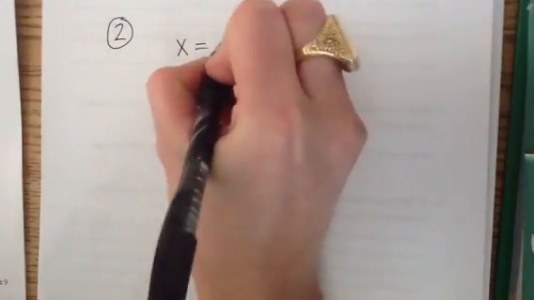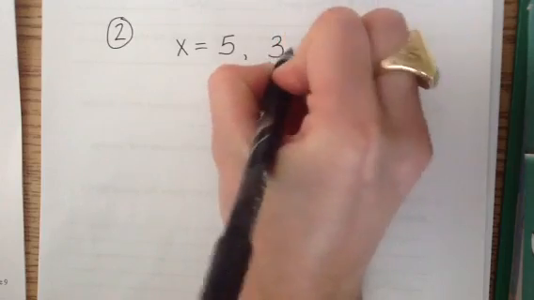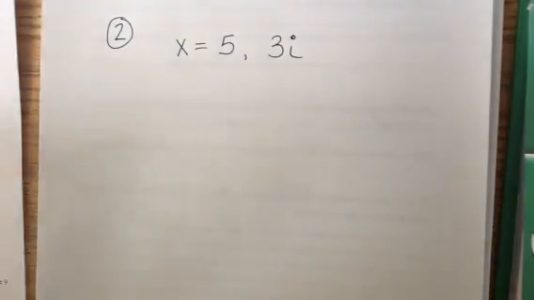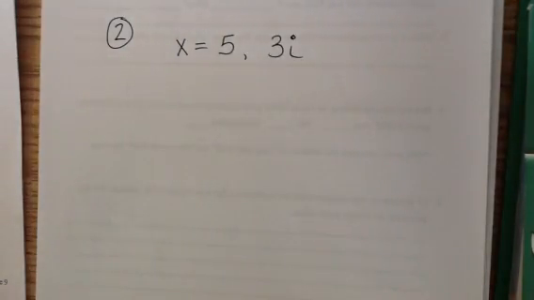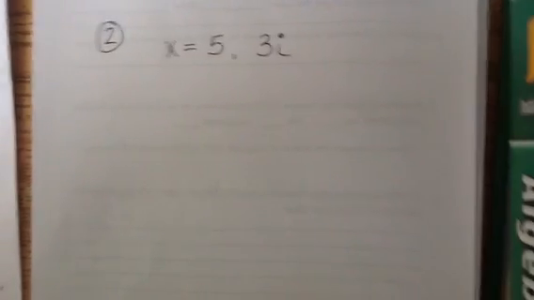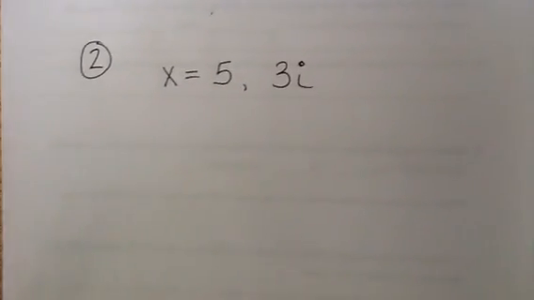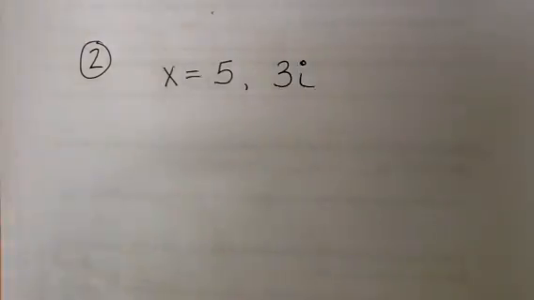Example number 2. It says x is 5 and 3i. Now, here's where we're going to have to make an assumption about what also works. So I know if 5 works, that's the only thing I can assume. There's nothing else that goes with it. But if 3i works, something else should also work. -3i.